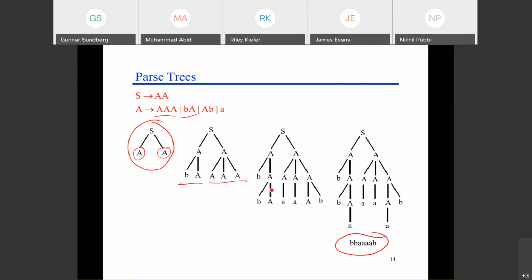And later you replace those non-terminals, whatever suits you, to generate this word. And finally, if you read all the leaf nodes, they are basically your final word which you want to generate, and you read from left to right. So B, B, A, B, this is the word which you want to generate.